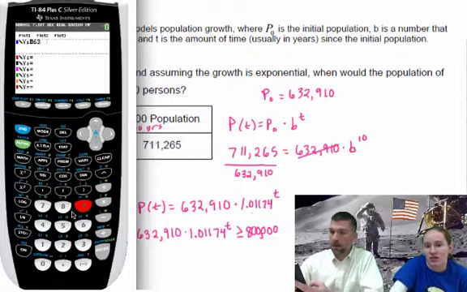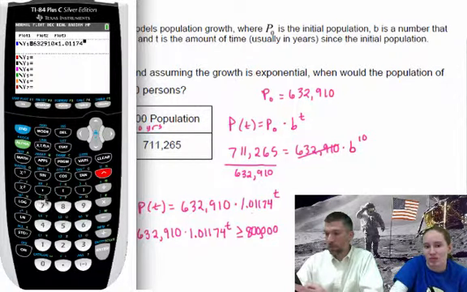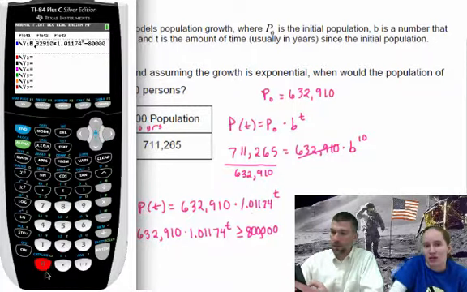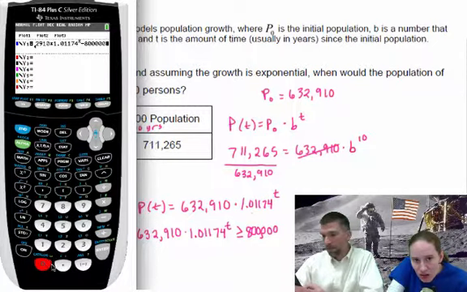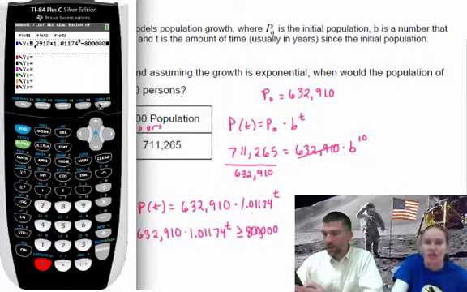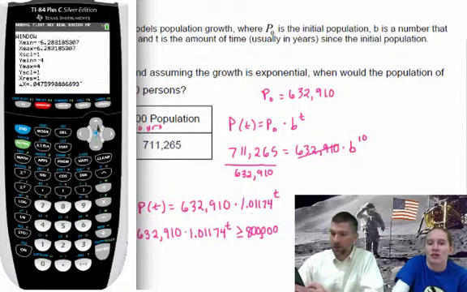I have to change my window here a little bit. That can happen because we do have some really big numbers here. So I'm just going to zoom out a little bit. Wow, this is quite a far ways out there.